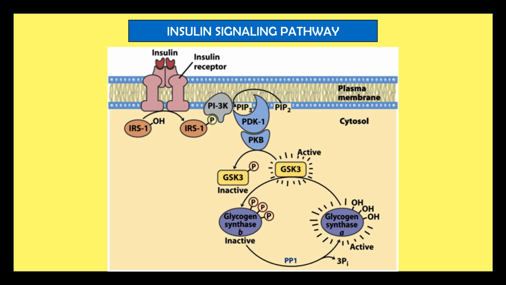The two alpha subunits are linked by disulfide bonds, and there is a single disulfide bond between the alpha and beta subunits also. The binding of insulin to the alpha subunits triggers a conformational change that allows the autophosphorylation of the tyrosine residues in the carboxyl terminal domain of the beta subunits.